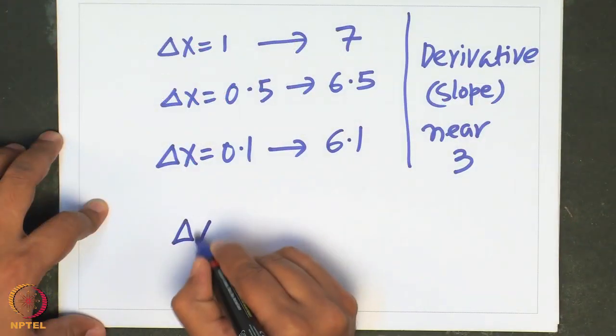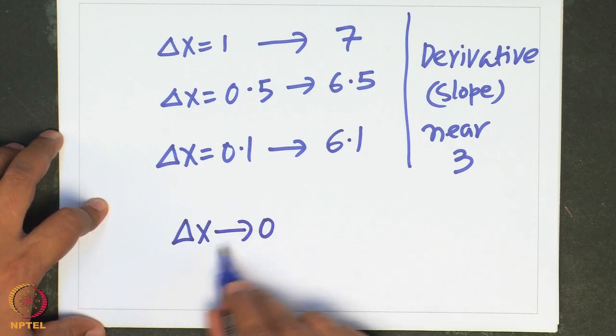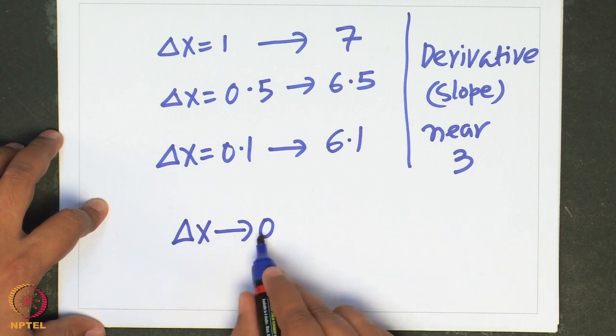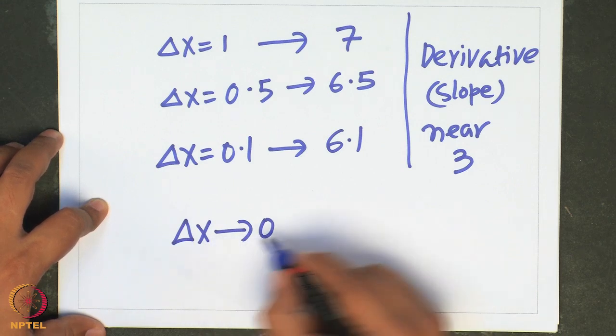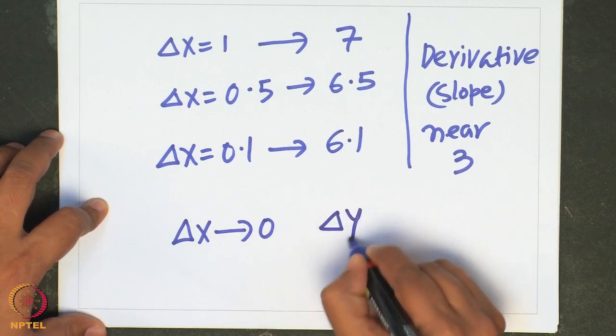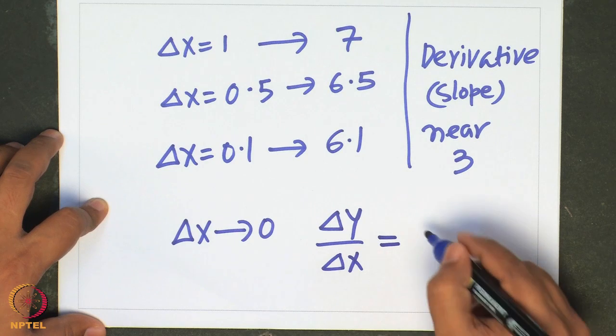This is a question that will be in your mind, and mathematics says that one should take delta x which is the smallest possible. So you should take delta x tending to 0. If I take the smallest delta x and then calculate delta y by delta x, that is the derivative.